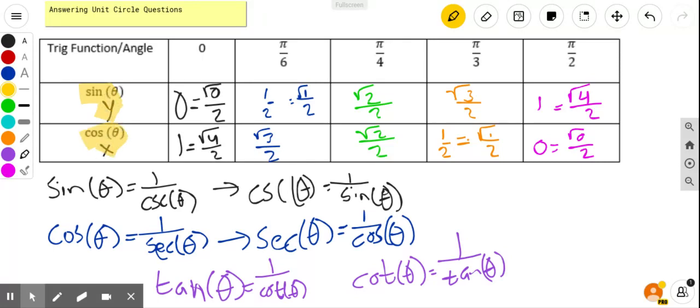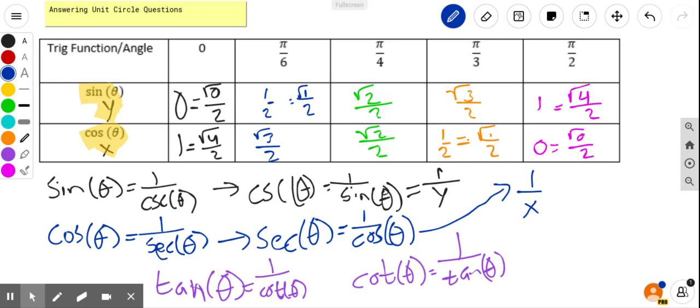So that means that for cosecant, it would be equal to 1 over x. I'm sorry, 1 over y. If I'm talking about secant, because they're blue, that would be 1 over x.